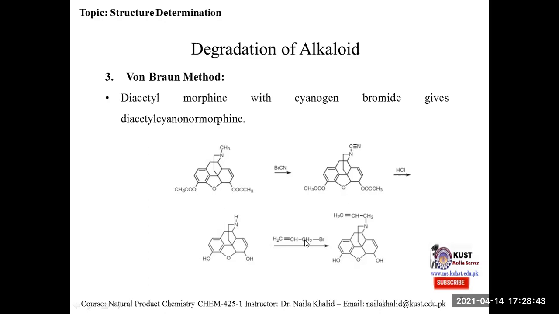And when it is treated with this type of bromide, alkylation of this nitrogen takes place. It shows that this morphine has an N-methyl group, because at this position, when it was treated with bromocyanogen, methyl was removed from here and demethylation took place, and it shows that it is the nitrogen which is the center of reaction in all these steps.